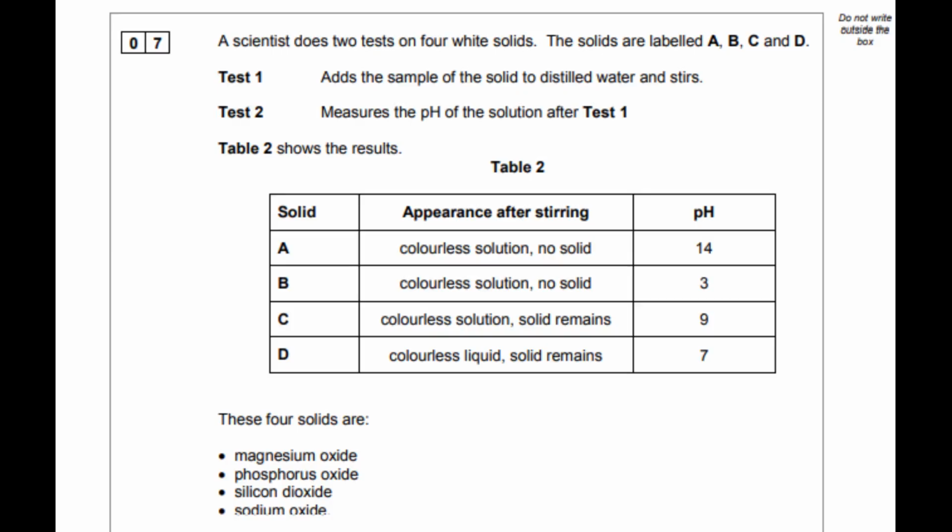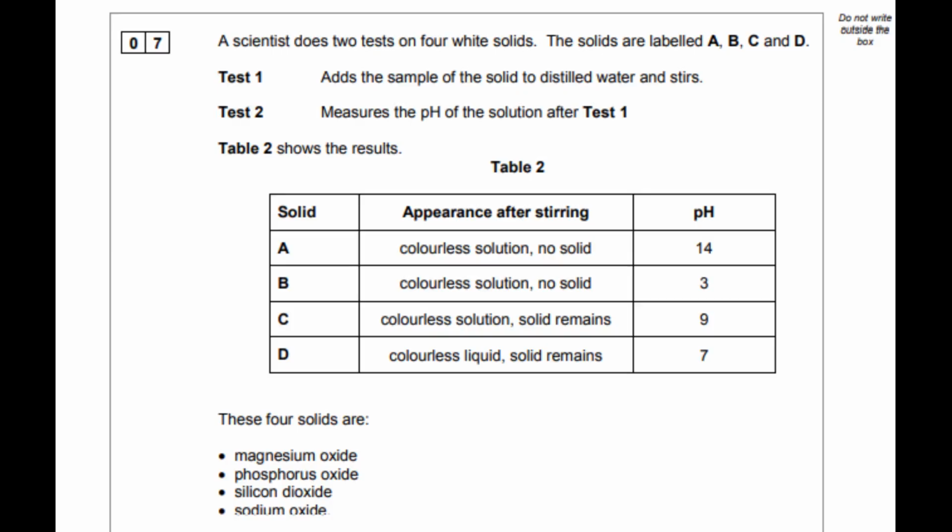What this tells me is that solid A dissolved, solid B dissolved, solid C also dissolved but not fully, some of it remained, and solid D didn't dissolve because it didn't make a solution. The solid remains, with a pH of 7.